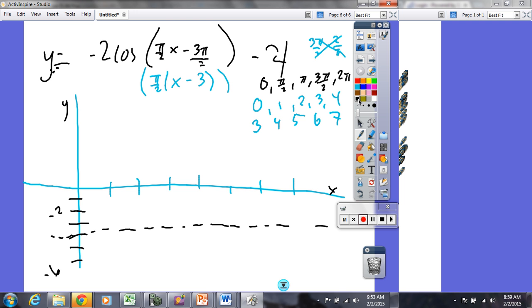Pi over 2. Because remember, b value is the frequency. Notice we're going to basically finish 1.5 cycles, roughly, right? In a distance of 2 pi, which is basically a distance between 0 to 6 if you think about it, or if we start at 3, we would end at 9, that would be 2 pi.